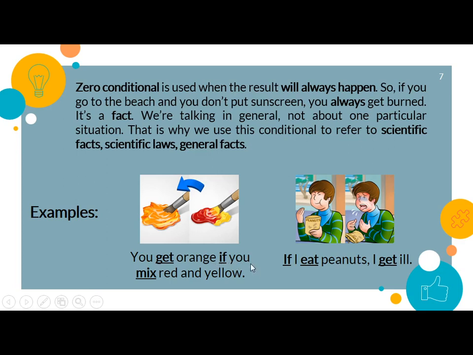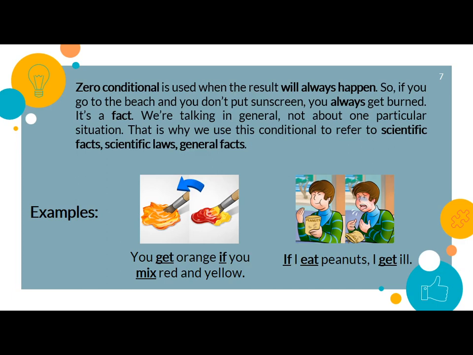So here you have the condition. If you do this activity, if you mix these two different colors, red and yellow, what is going to be the result? The result is going to be the same all the time, that you're going to get the orange color. So that's why we say that you get orange if you mix red and yellow.